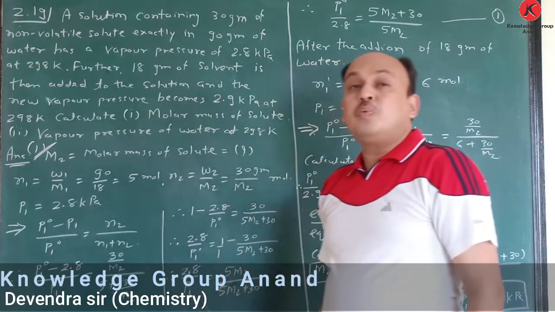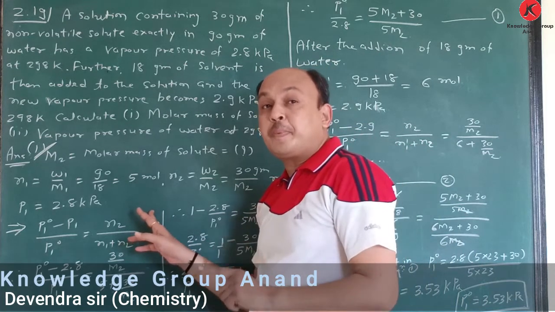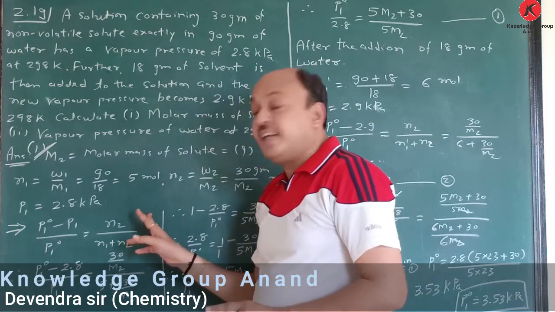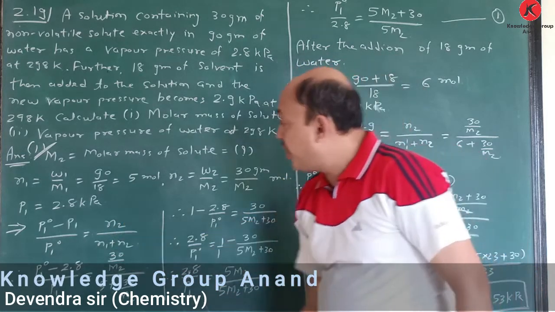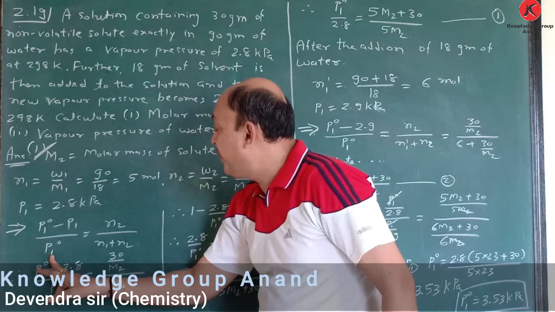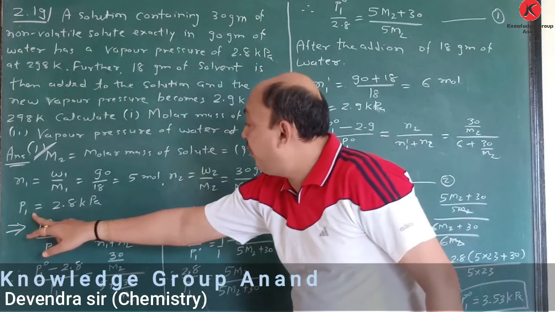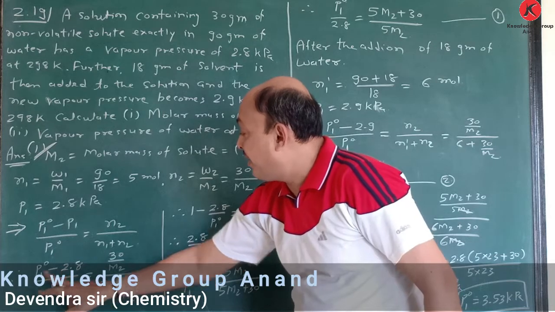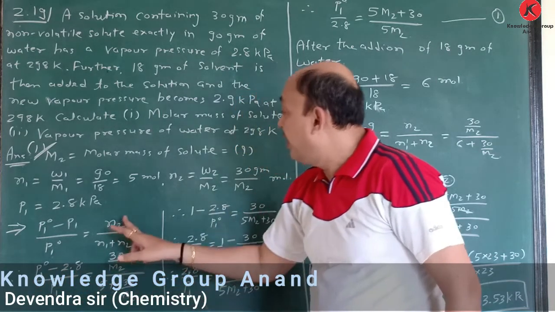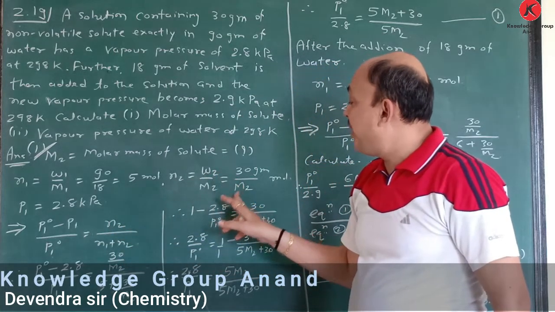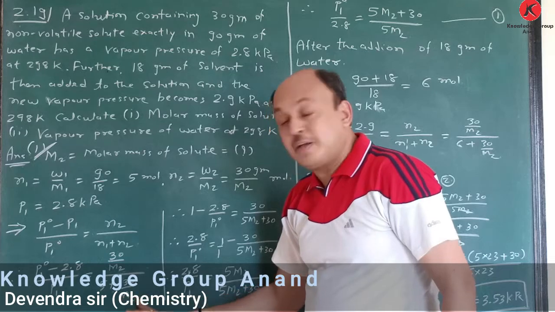Now according to the condition, relative lowering of vapor pressure of solvent is directly proportional to mole fraction of solute. So here (P1° minus P1) divided by P1° is equal to N2 divided by (N1 plus N2). Value of P1 you put 2.8 here. So (P1° minus 2.8) divided by P1° is equal to N2, which is nothing but 30 divided by M2, divided by N1, which is 5, plus N2, which is 30 divided by M2.